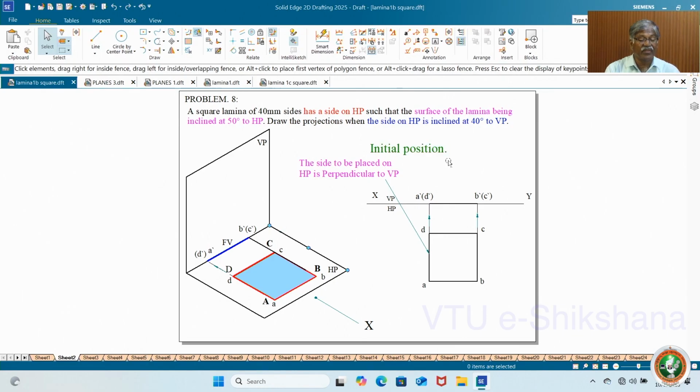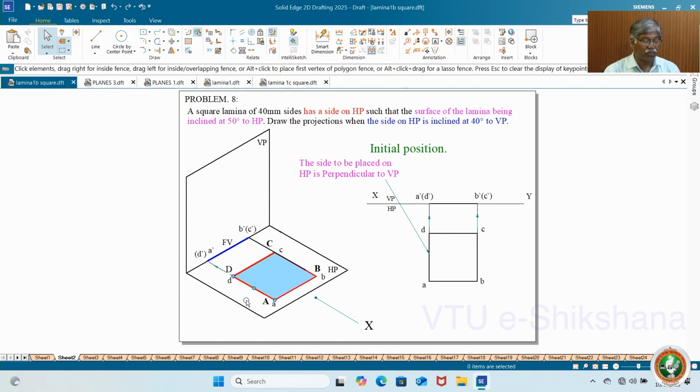So I named it initial position, you have to keep it on HP so that one of the sides, because all sides are equal, unlike the rectangular lamina, all sides are equal here, keep this AD. So on HP, particularly perpendicular to VP, all other sides also will be on HP because the surface itself is in HP.